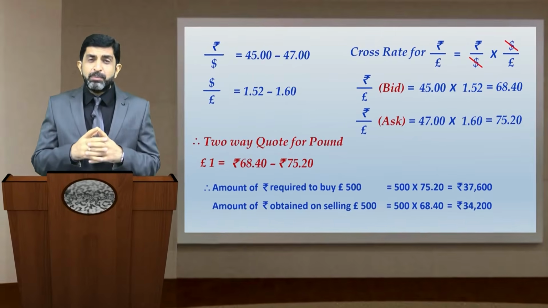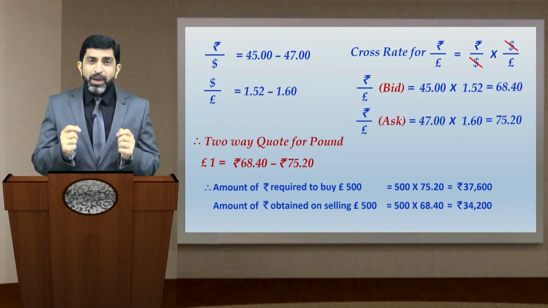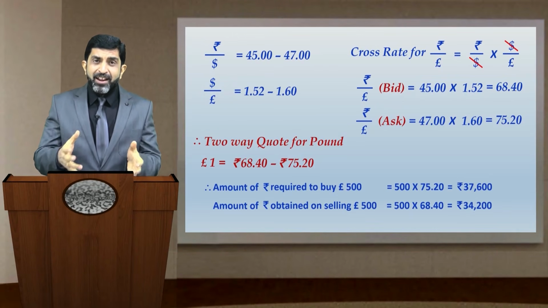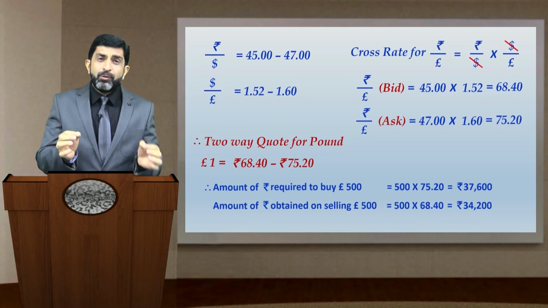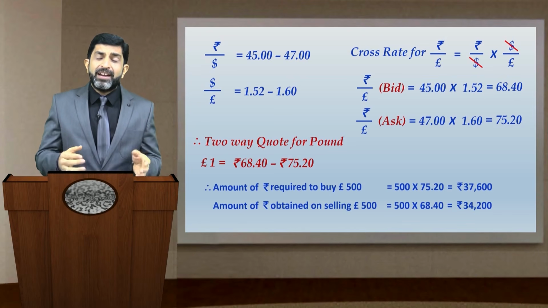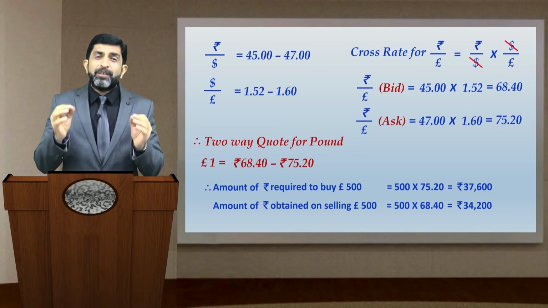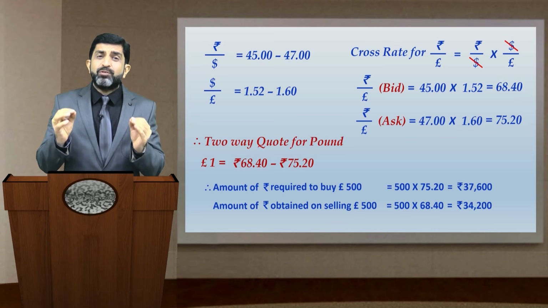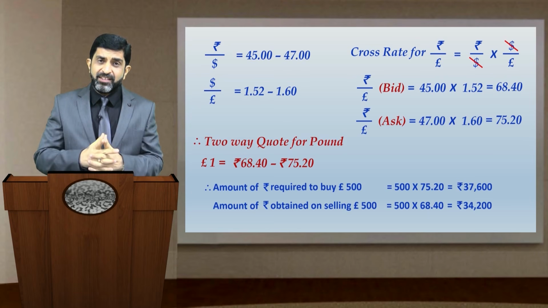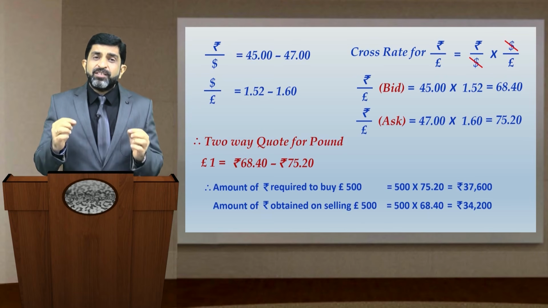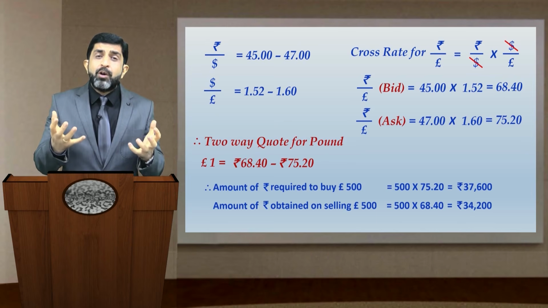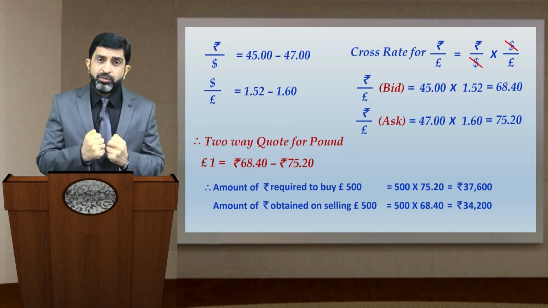But now you might be wondering that, sir, when are you ultimately going to tell us why bid rate was getting multiplied to bid rate and why ask rate was getting multiplied to ask rate? My friends, if you think logically, it is very simple to understand this. Let us take the first case, that we have a need to buy 500 pounds.